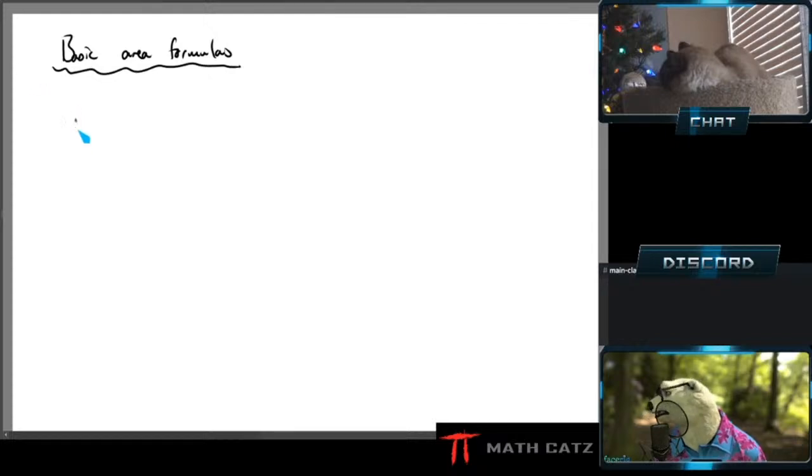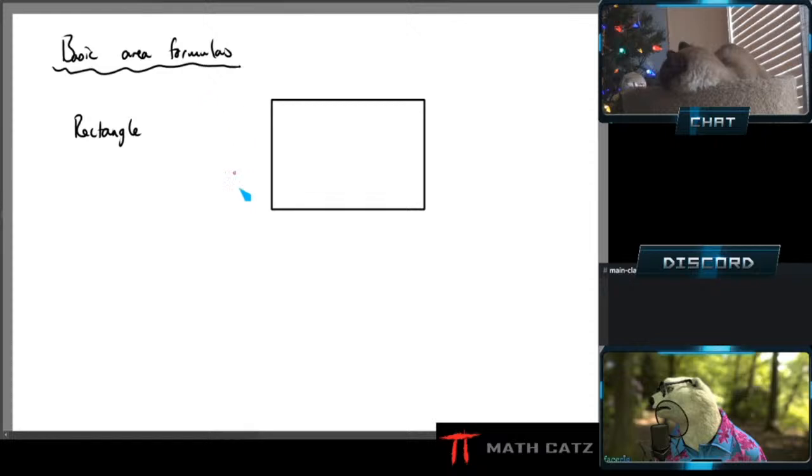All right, so let's start with our basic shape. The most basic shape when it comes to area is the rectangle, because it matches the concept of area, that I have this basic unit square, 1 by 1. It's my unit. When I talk about the area of this rectangle, I'm asking how many of these unit squares can fit into this space.